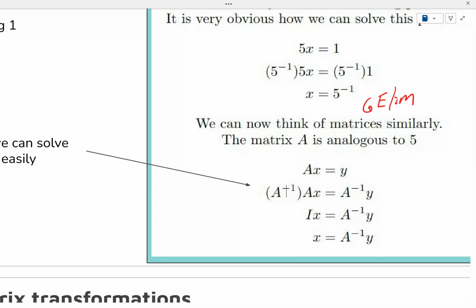If you multiply A inverse on both the left side and the right side, notice how A inverse times A is by definition an identity. And X times identity is just itself. Therefore, we can get an expression to find X really, really quickly. So by knowing A inverse, it can help us solve this type of problem.